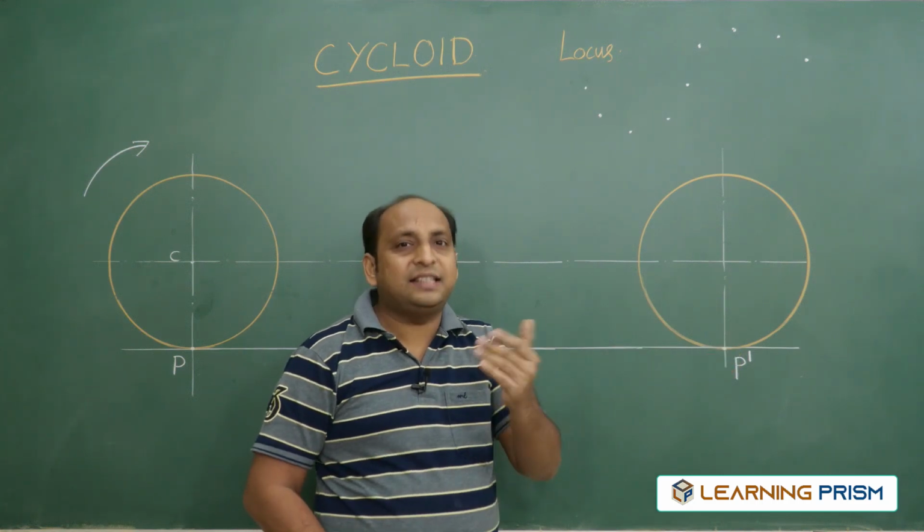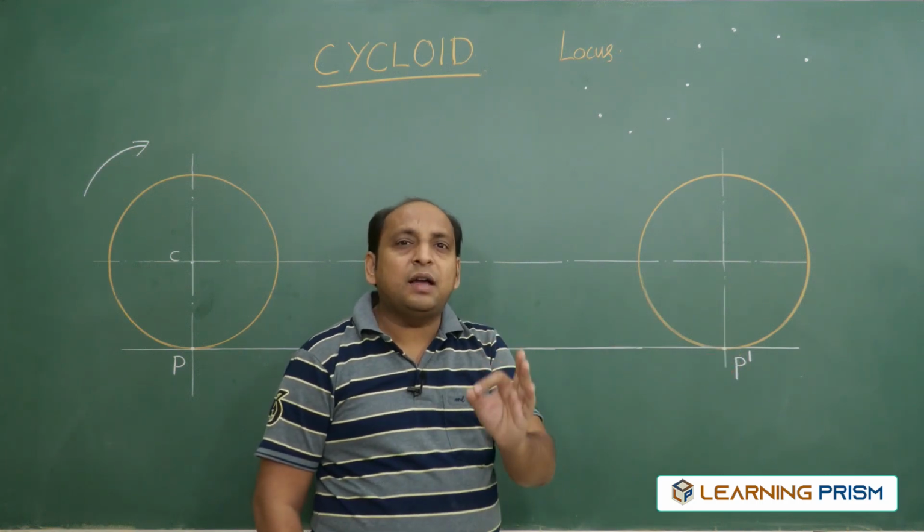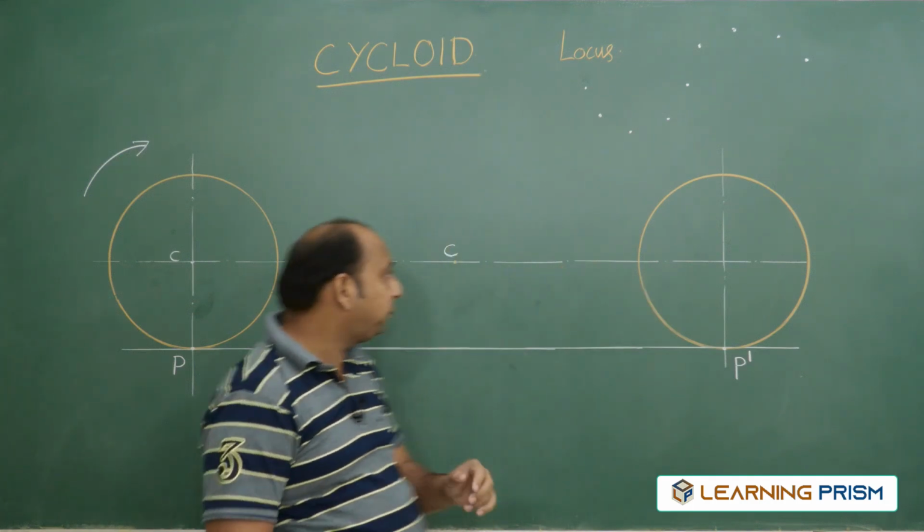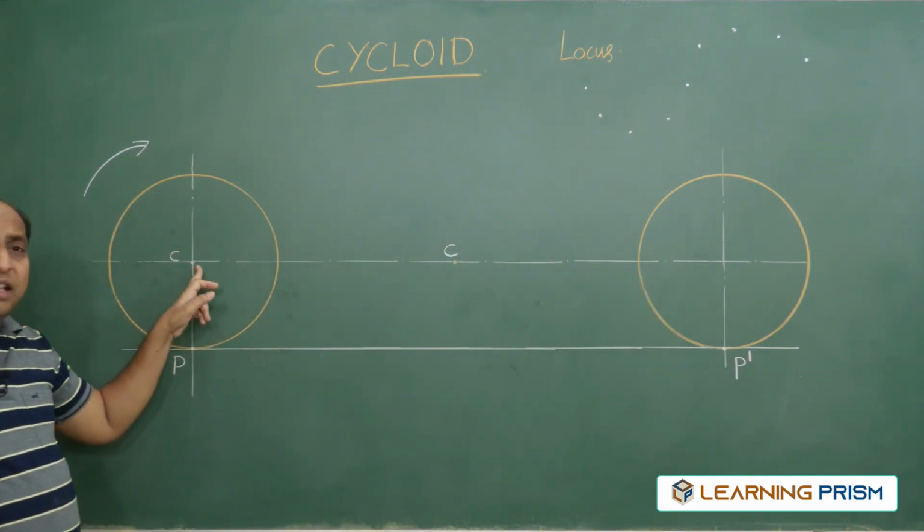If I take an example, the best example for locus is a circle.